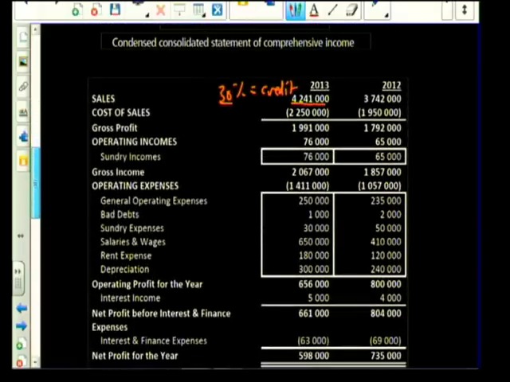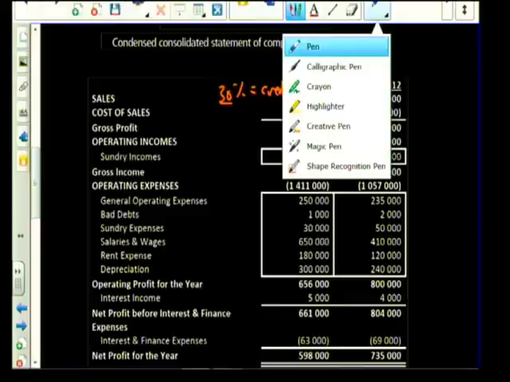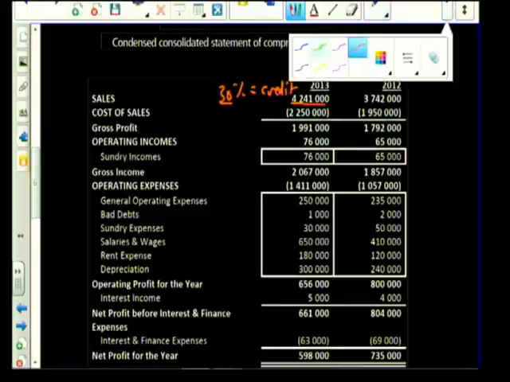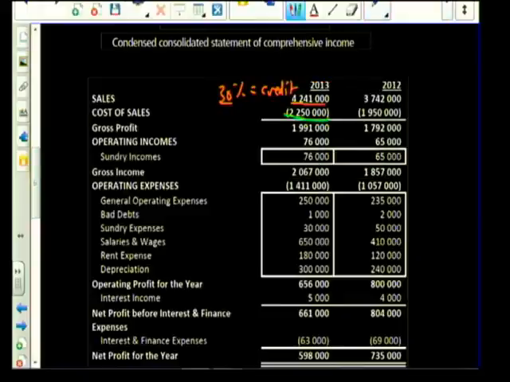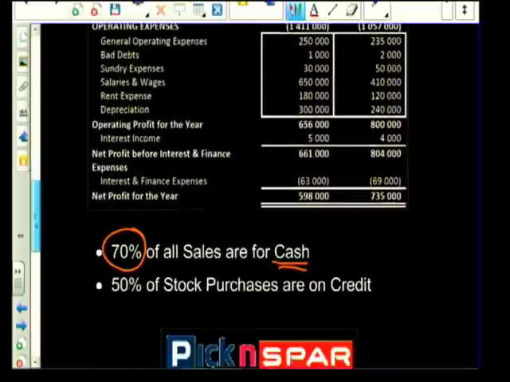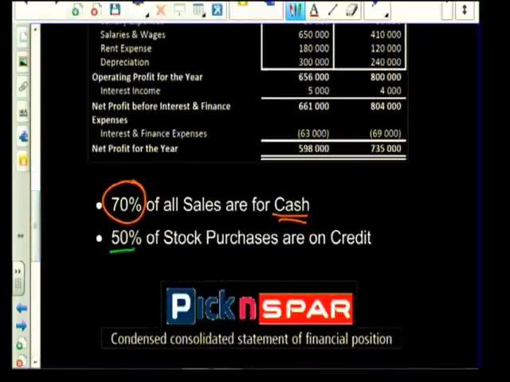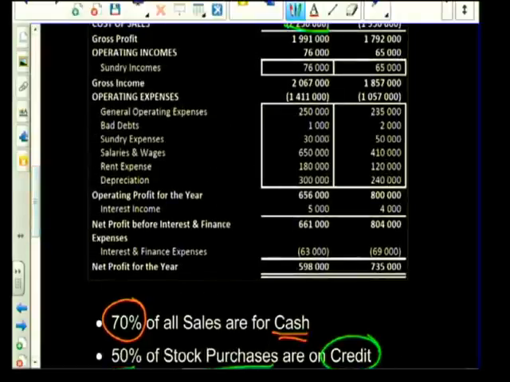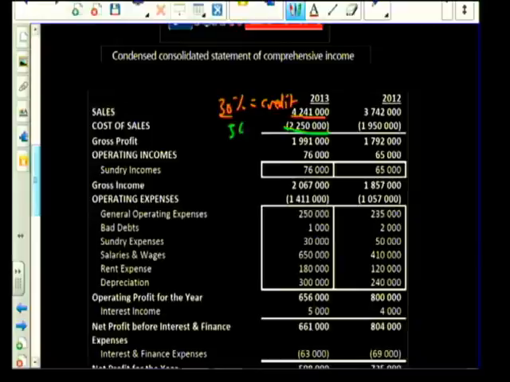What we do is we look at our cost of sales for the period, which is 2.25 million, and we need to work out that is the stock that we've sold, which we assume that we've bought back or repurchased, and it says 50% of stock purchases on credit. So if we want to have our credit purchases, we need to work out 50% of the figure that I've underlined in green over here.